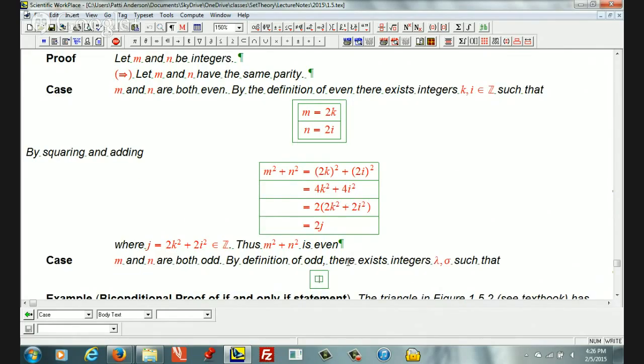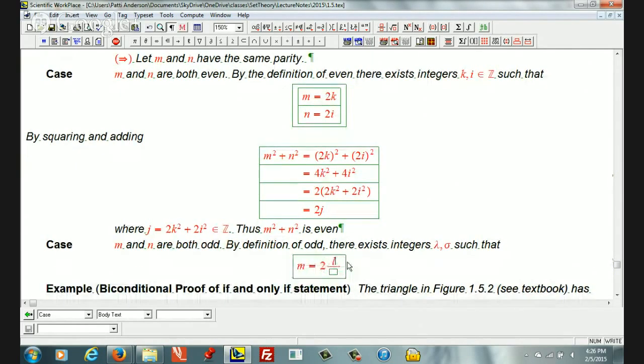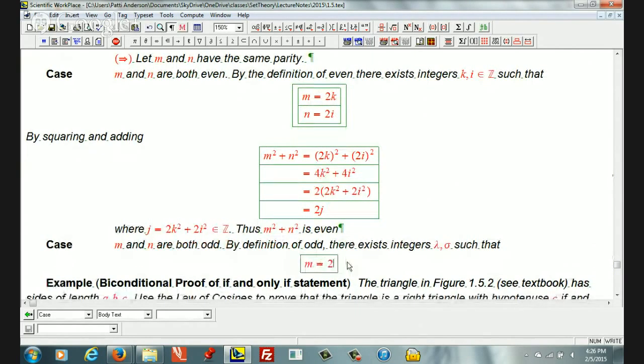And so we're going to have m is equal to 2 lambda plus 1. Notice up here, if there exists, I don't need integers because I have the element-of-integers notation.